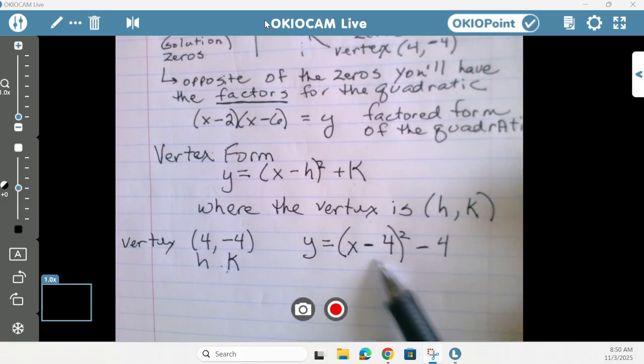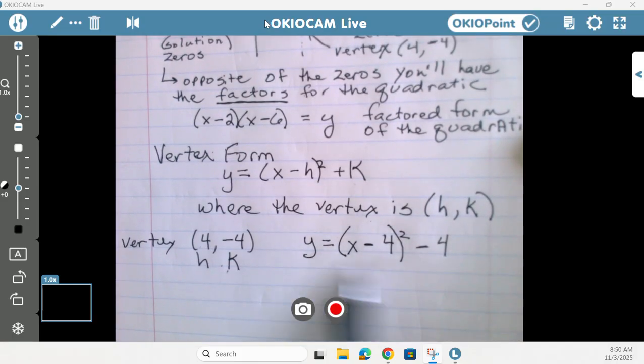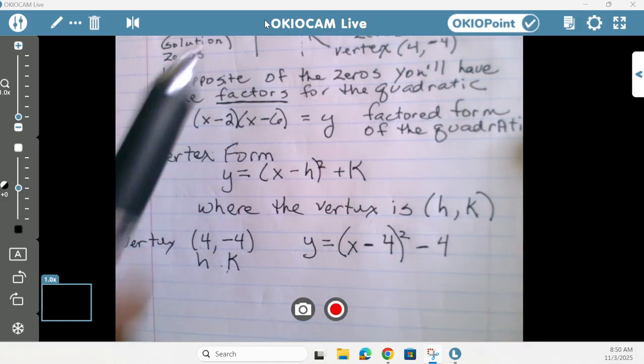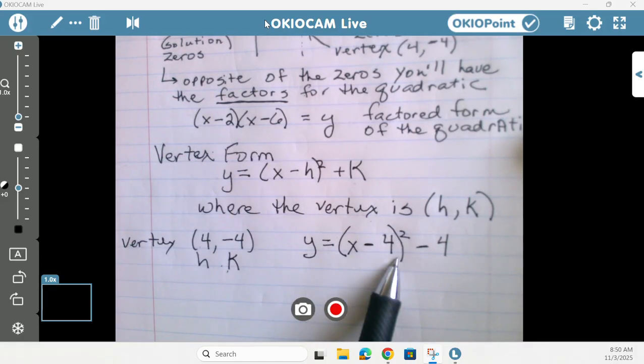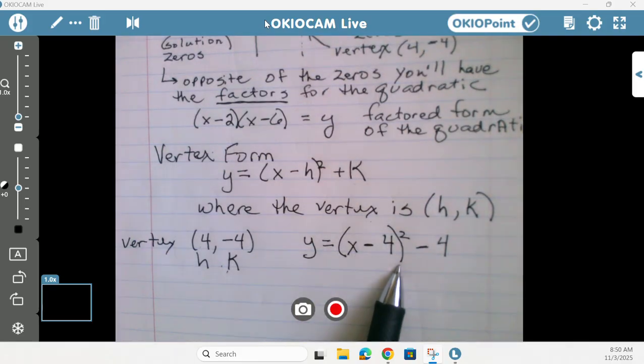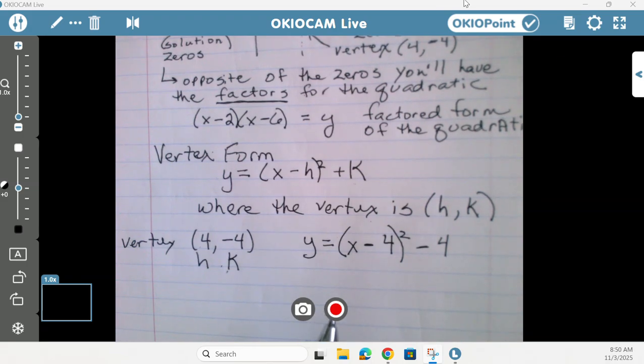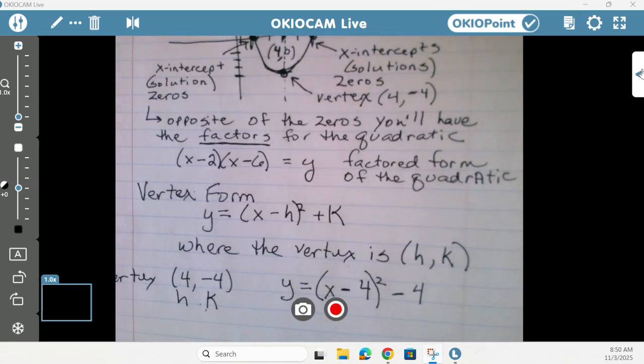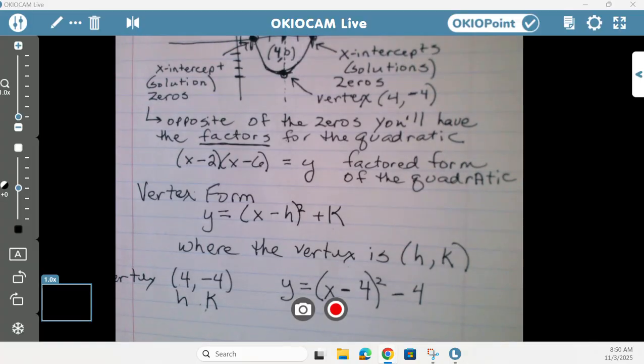If you go into Desmos and you type this in, it should look like the graph that we have at the top of our paper. Give it a try. Go to Desmos. Type in the equation.